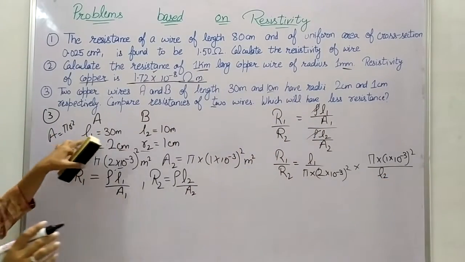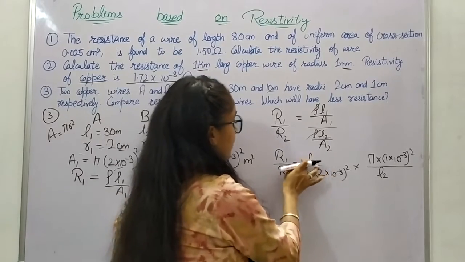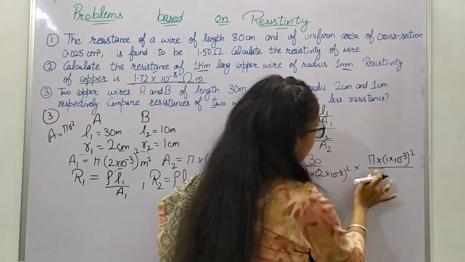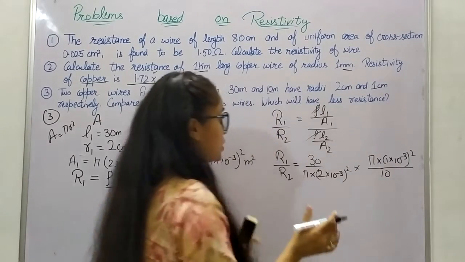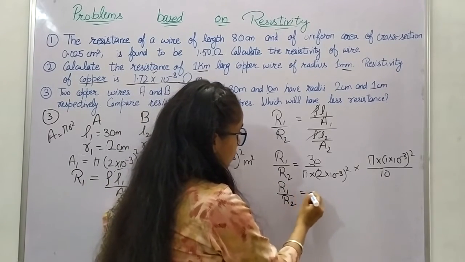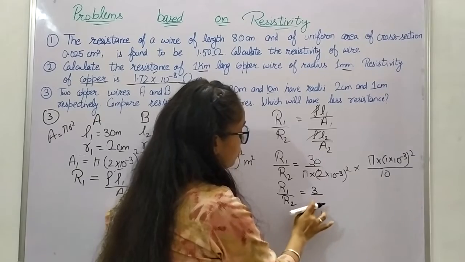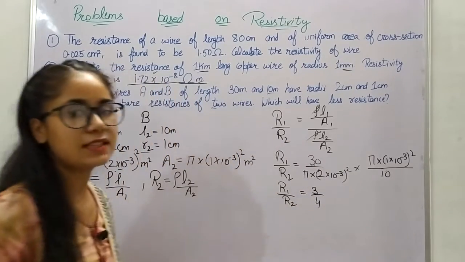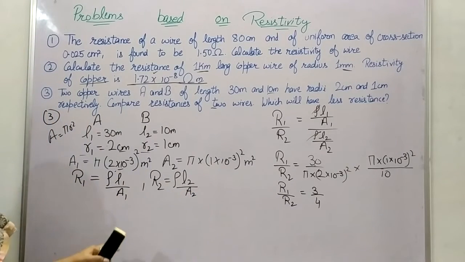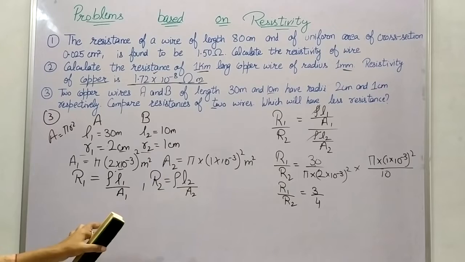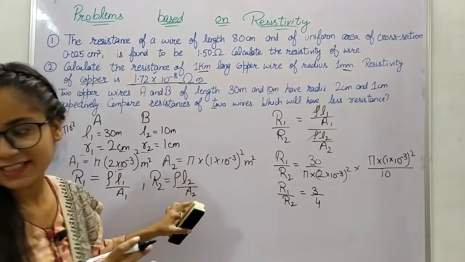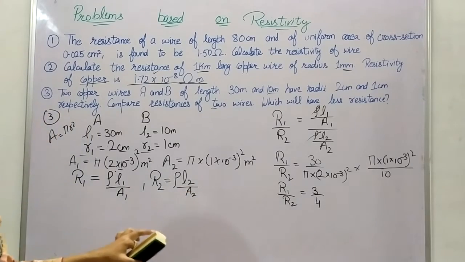Now we will also write down the values of L1 and L2. L1 has the value of 30 meters and L2 has the value of 10 meters. When we solve this whole thing, R1 over R2 equals 3 over 4. This is how we get the resistances of the two wires in ratio. Now as this is 3 over 4, can you guess which one would have the least resistance?